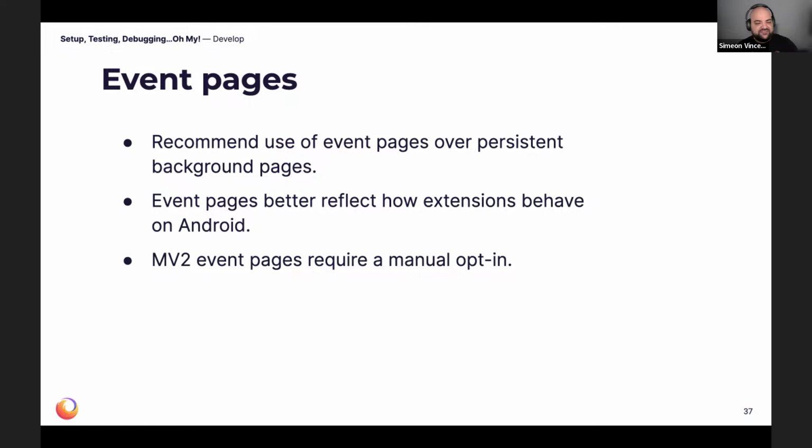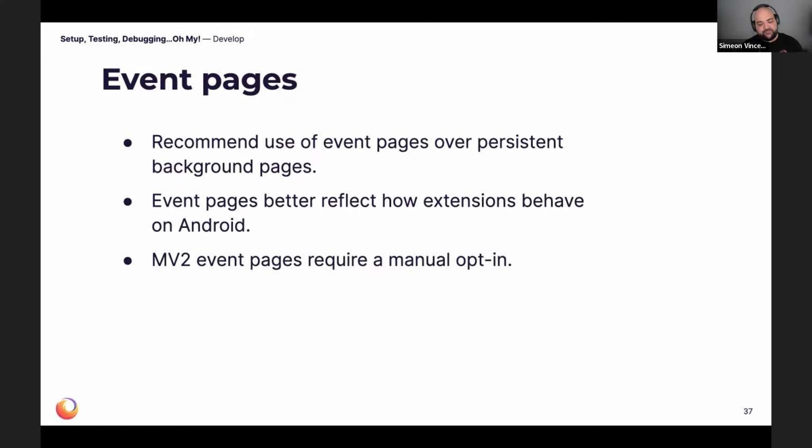That said, the main reason that we're introducing event pages is because it better matches the runtime expectations of the operating system on Android. In particular, on Android, secondary processes can be terminated or reclaimed when they're not absolutely needed.